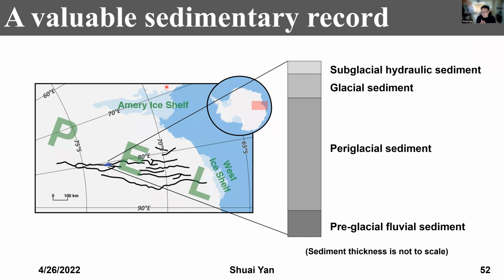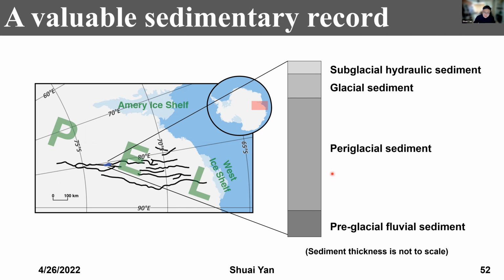So if one day we can get a sample from the sediment layer, what we will see is something like this. In the bottom, we probably will have sediment deposited by periglacial processes, which can give us some very valuable information about what Antarctica is like before it is covered by ice sheet.